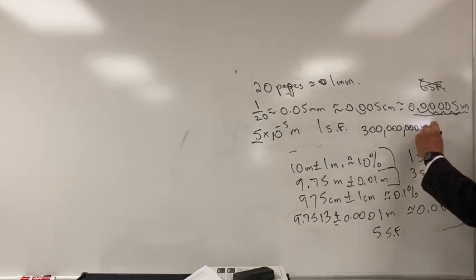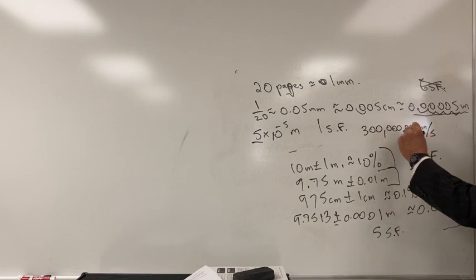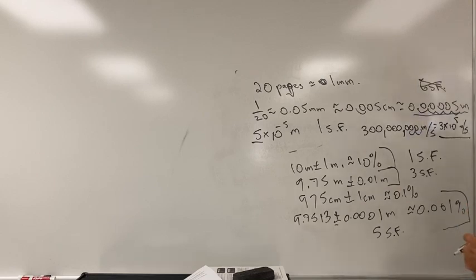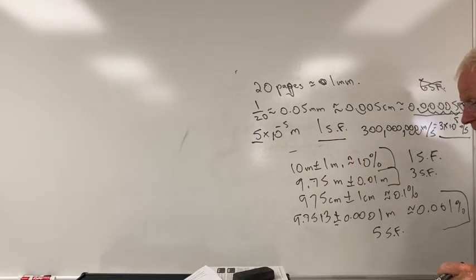If we move this over 1, 2, 3, 4, 5, 6, 7, 8, this is 3 times 10 to the 8th meters per second. All right, that is the speed of light. This is also 1 significant figure.